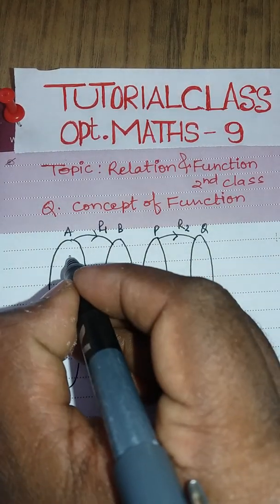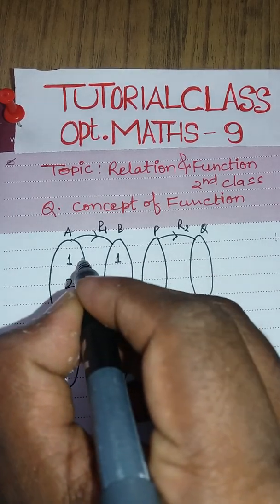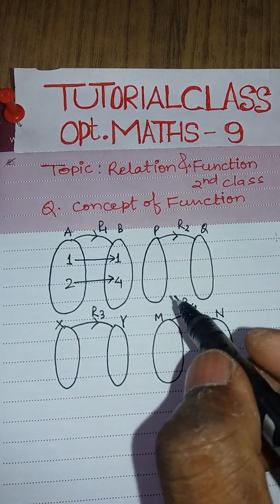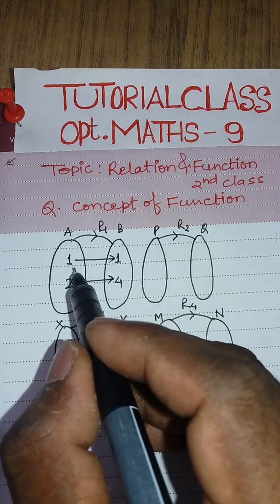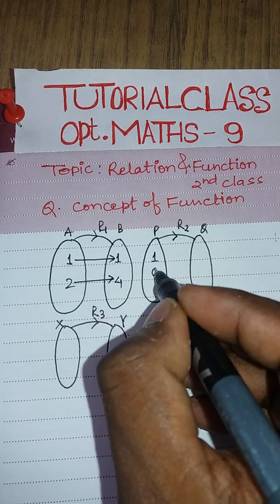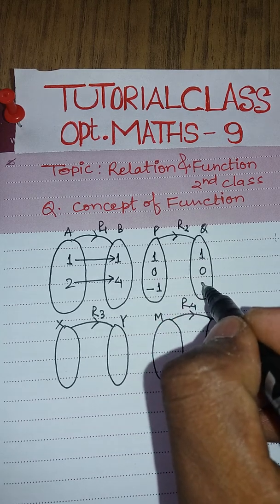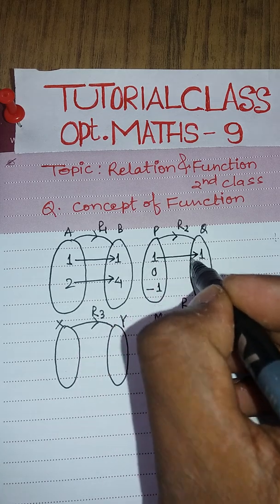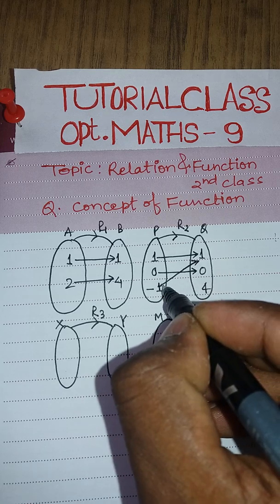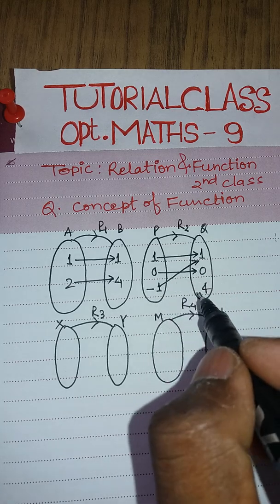See here, 1, 2, 4. This is a relation. Y is square of x. Similarly here, 1, 0, minus 1, and 1, 0, 4. This is also a relation. This is y equals x square.